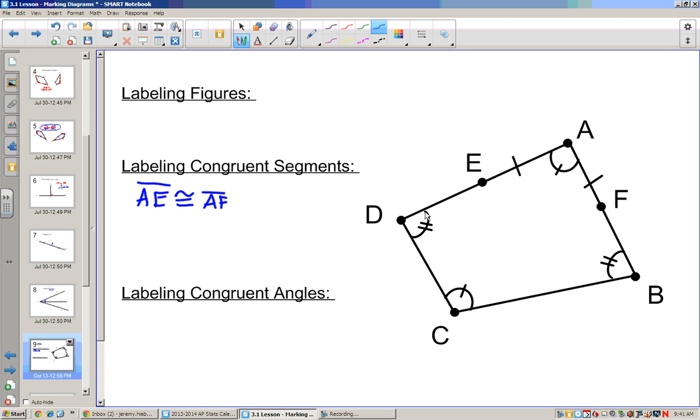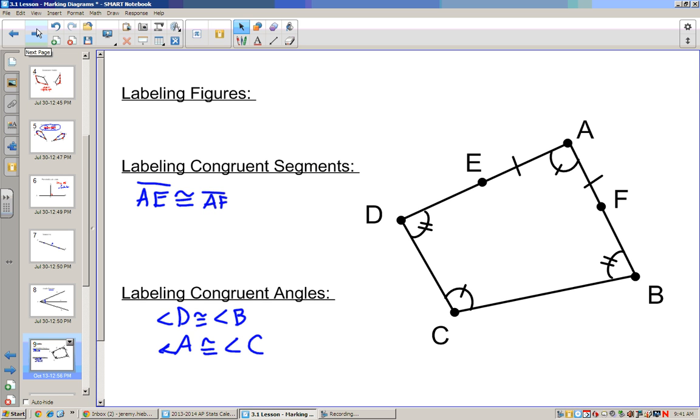Well, this is a 2 and this is a 2, so we could say angle D is congruent to angle B, or we could say EDC and FBC are congruent. We also know angle C and angle A are congruent, so angle A is congruent to angle C.